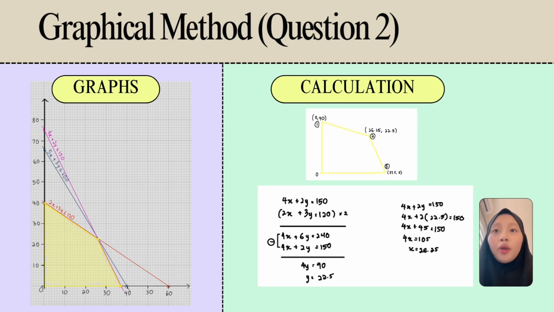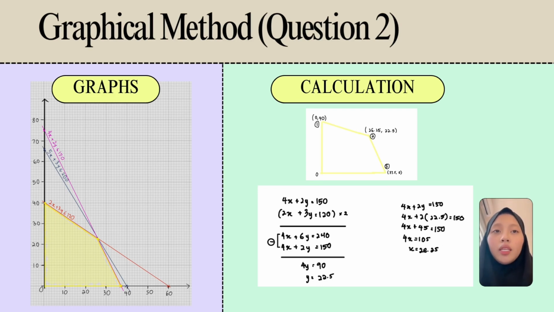The first corner point of this feasible region is 0 and 40, followed by 26.25, 22.5, with the third corner point of 37.5 and 0. To solve the intersection point between the first corner point and third corner point, we have to calculate between both equations.